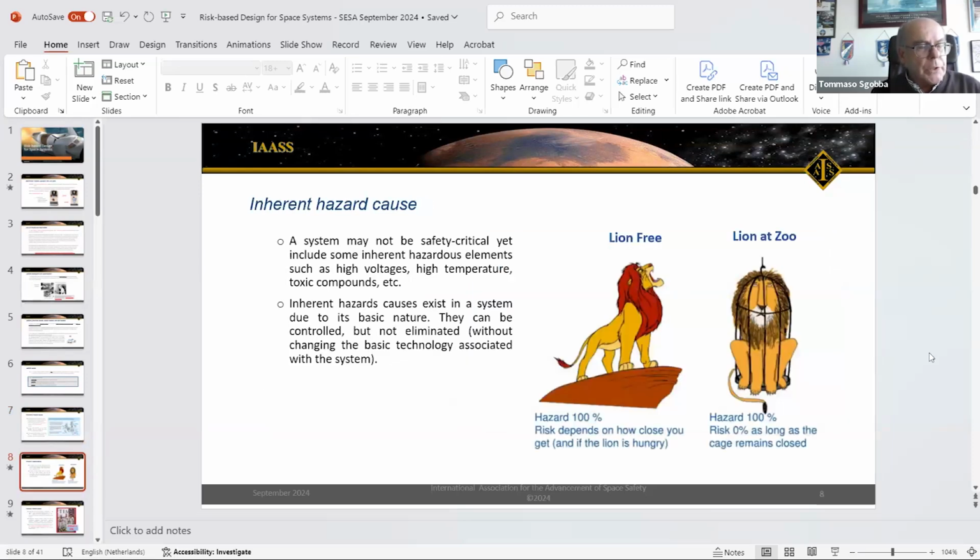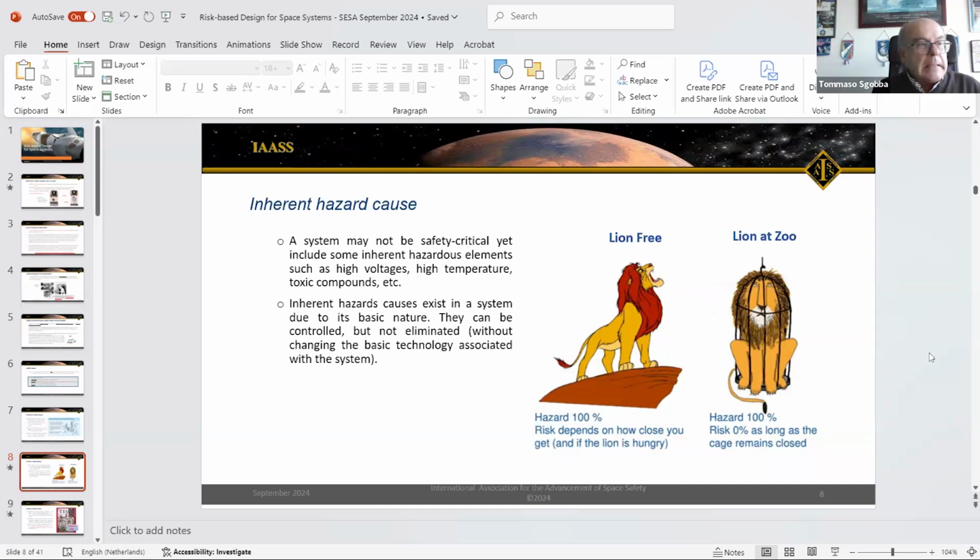Inherent causes. An angry lion is a hazardous element, and if the condition arises that you can get in contact with an angry lion, then you have a hazard. So you have the potential for an accident.